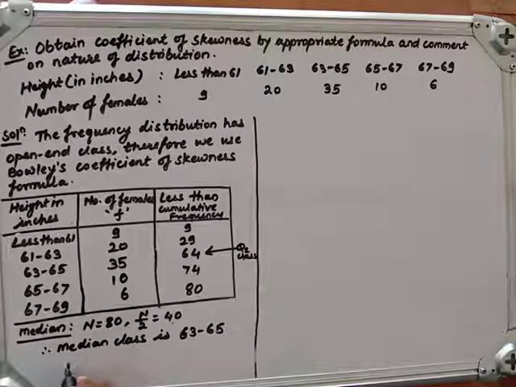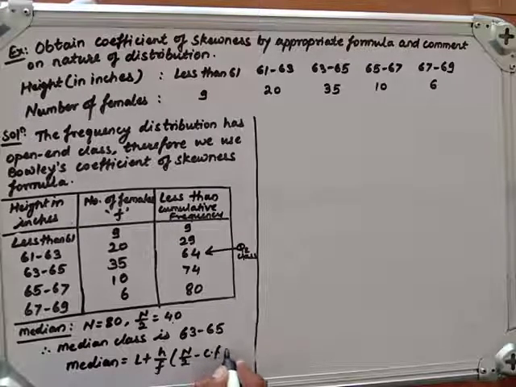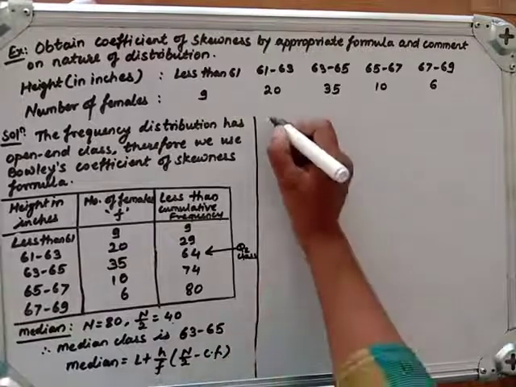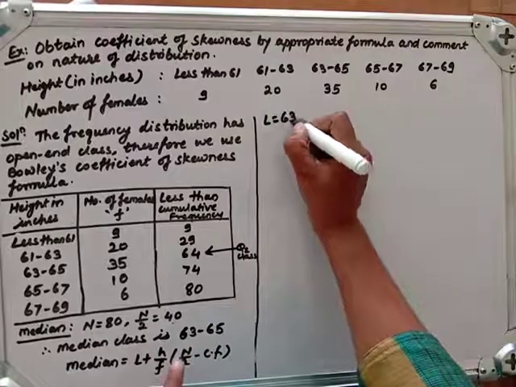So what is the result for median? Median equal to L plus H upon F into N by 2 minus cumulative frequency. So what is L here? L is the lower boundary of this median class.